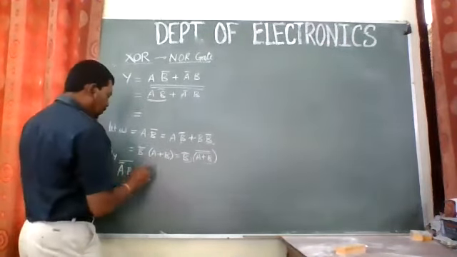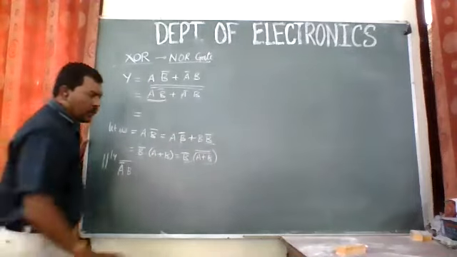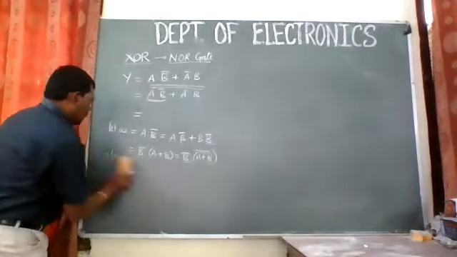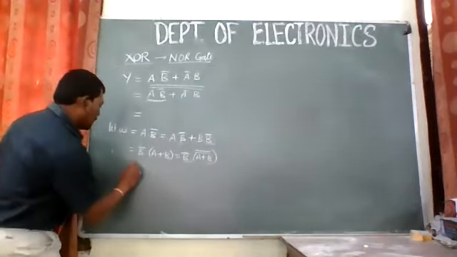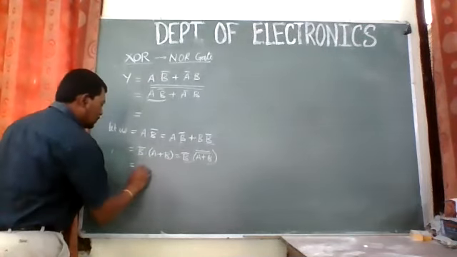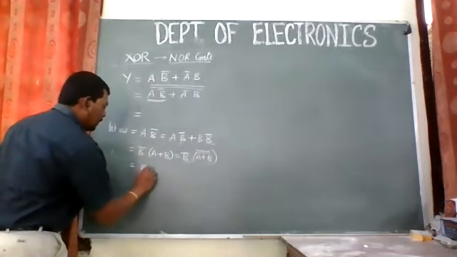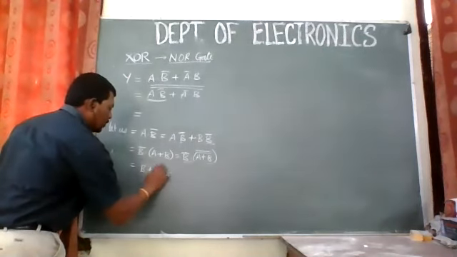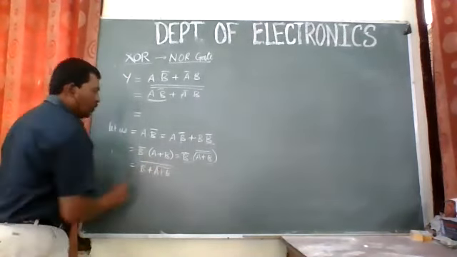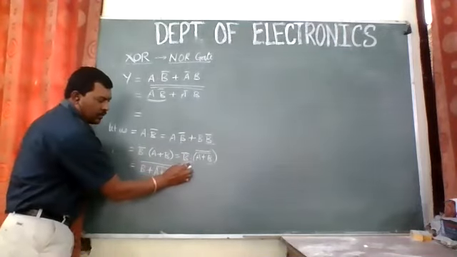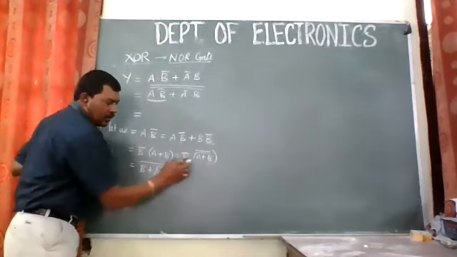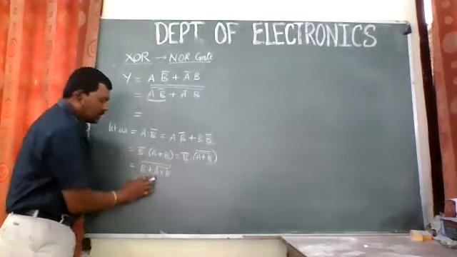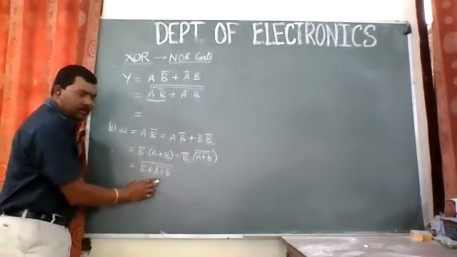So applying De Morgan's theorem again over here, we'll be having B plus A plus B complement the whole complement. So this complement dot this complement. The complement of the product is equal to the sum of the complements, right?